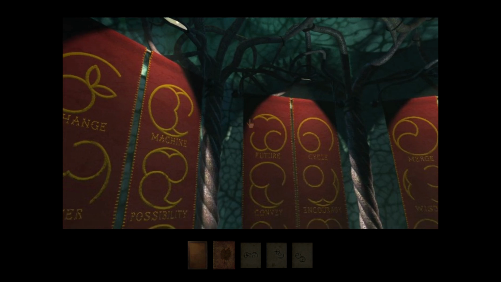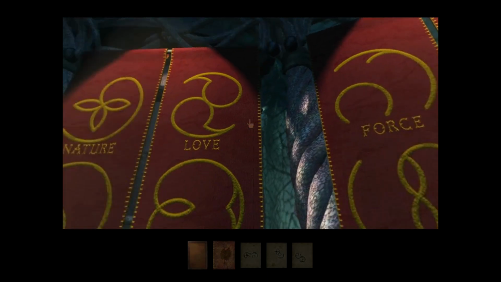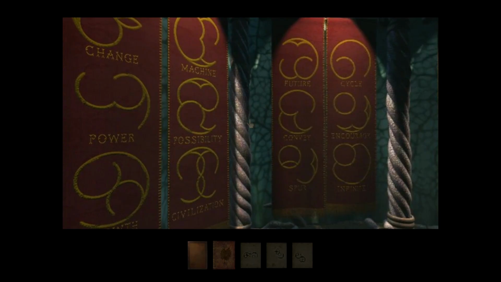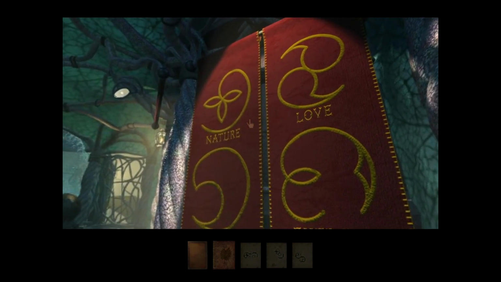They are on separate rows, and they aren't even diagonally in the same way that encourage, which is right there, and nature are. We'll have to figure it out, though.